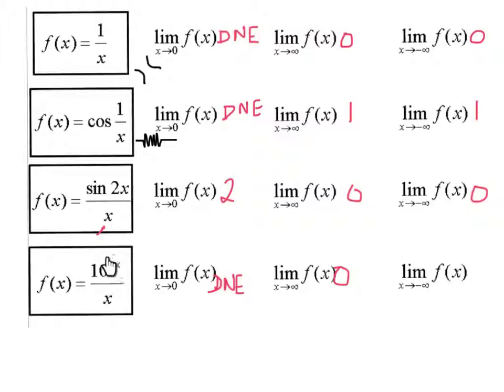So the top gets very big. The bottom gets big, but an exponential is bigger. So what you end up with, as silly as it sounds, is bigger over, I guess in this case, a negative big. So the limit is negative infinity. And again, please graph that and take a look.